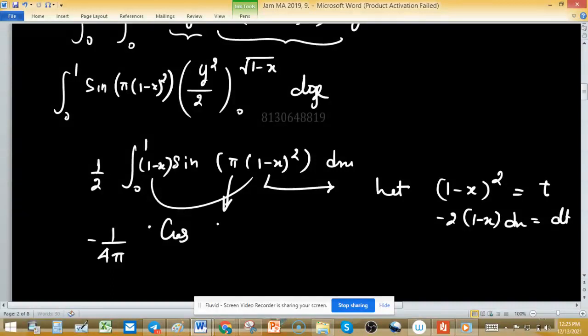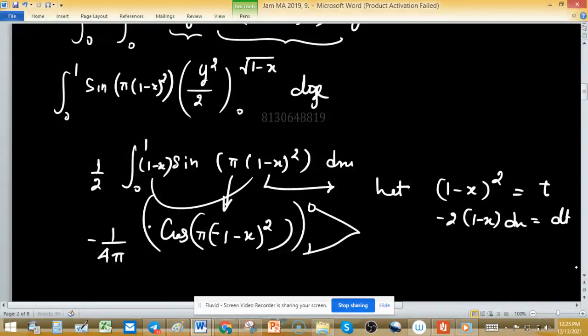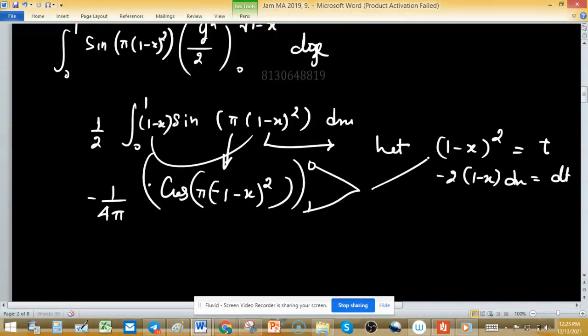So cos pi 1 minus x whole square, and we need to put the limit from 1 to 0. These are the new limits with respect to this variable t.